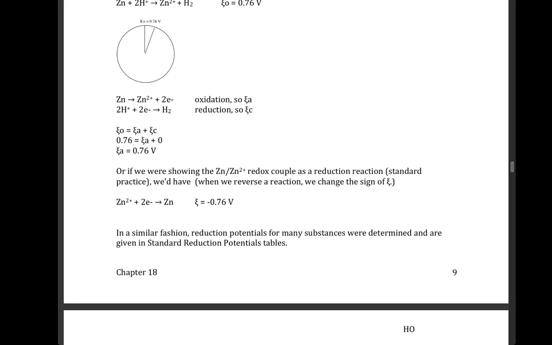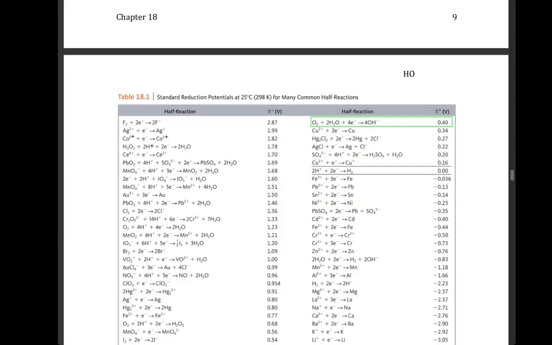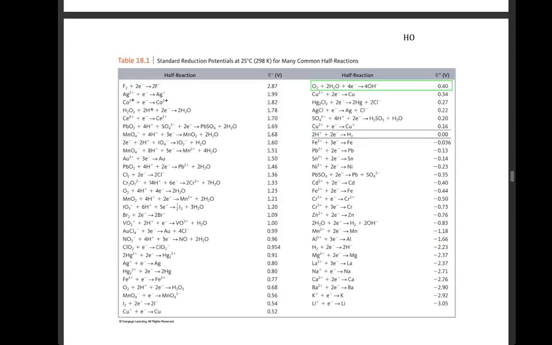So in a similar fashion, reduction potentials for many substances were determined and are given in standard reduction potential tables. So here is the standard reduction potential table in your book. It's at standard conditions, 25 degrees Celsius, 1 molar concentrations, 1 atmosphere pressure.